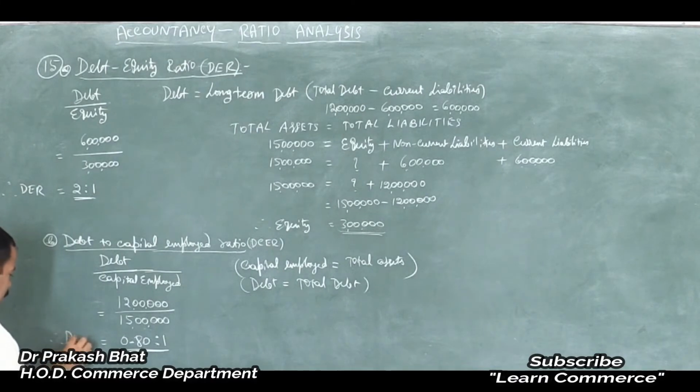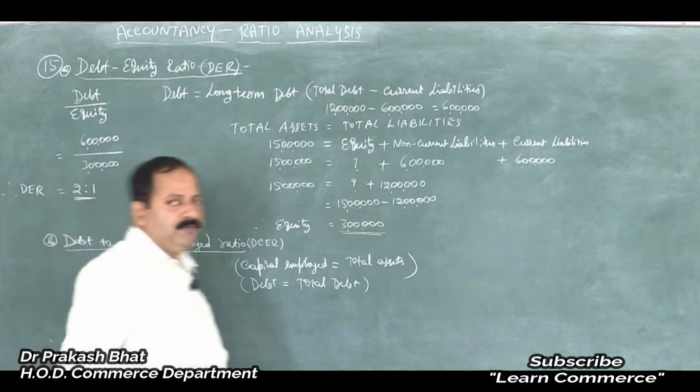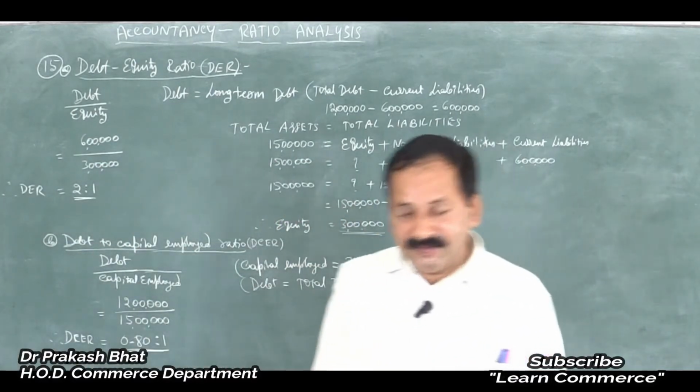Therefore, DCER is equal to 0.80 is to 1. So the second part is done.